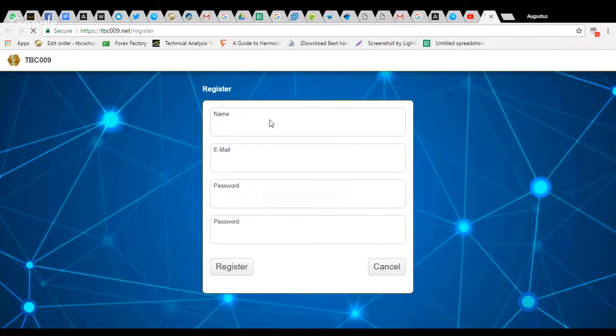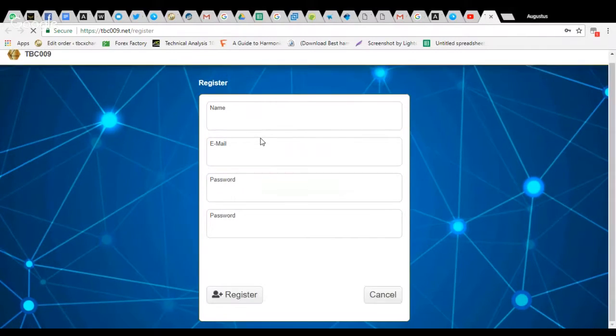So I'll put my password, and I'll confirm my password again and click on I'm not a robot.